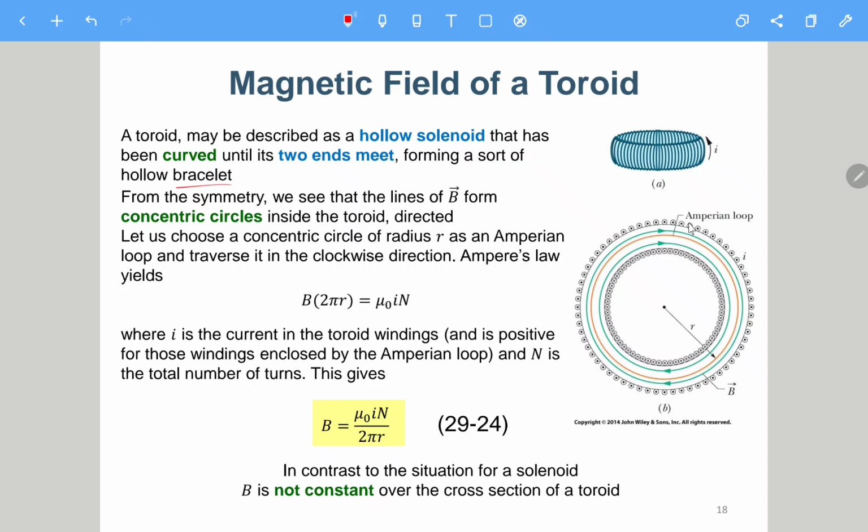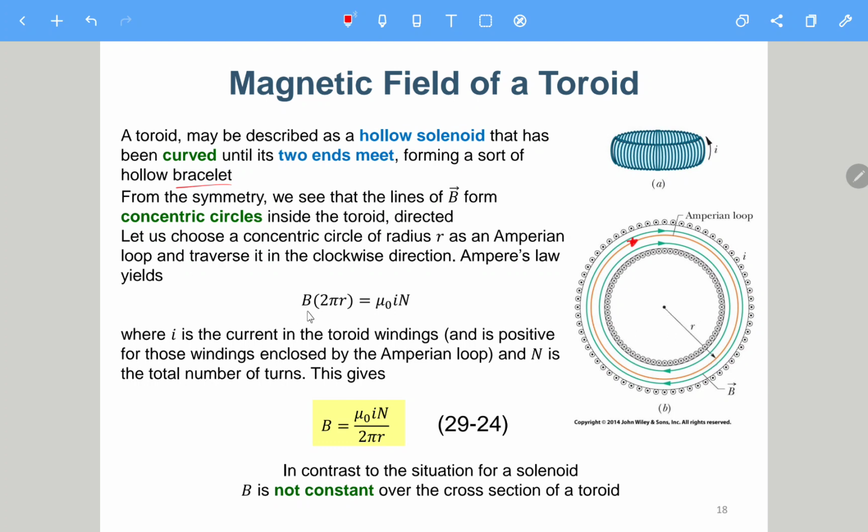Here we assume the Ampere loop to be here. All these circles are concentric, and we can simply assume the direction of the Ampere loop is clockwise. The radius of this Ampere loop is small r.